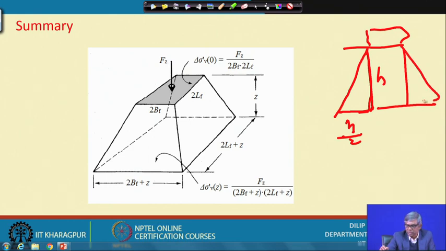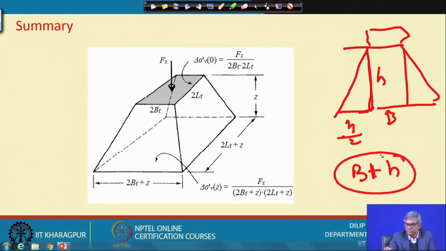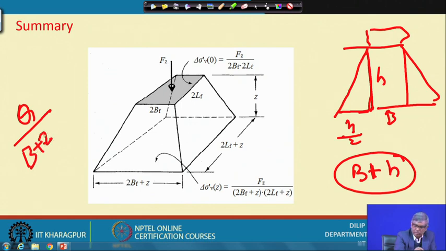So, ultimately the footing which was originally b will be, at that depth, b plus h. So, using this enlarged footing width at depth h, I can approximately find out the pressure q equal to b plus z or b plus h. We have used b plus h if it is a square footing, approximately.